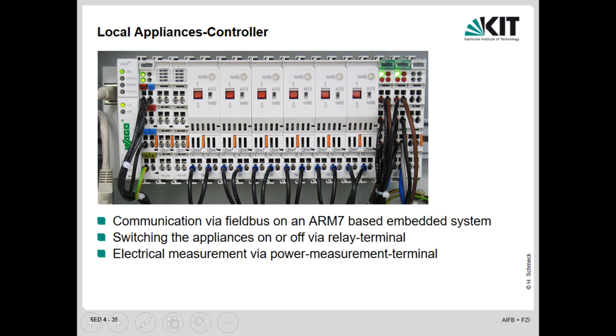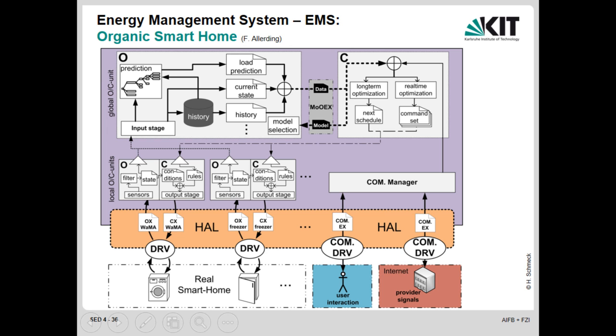Now my chair is a chair of informatics. We are not the people who build smart homes and build electricity systems or controller systems. So we cooperated intensively here with people from electrical engineering. Although the principal design came from the people from my chair, actually.